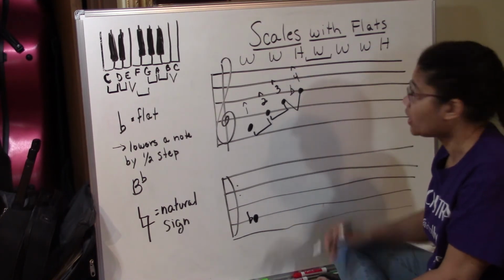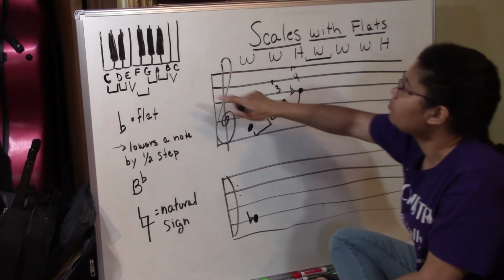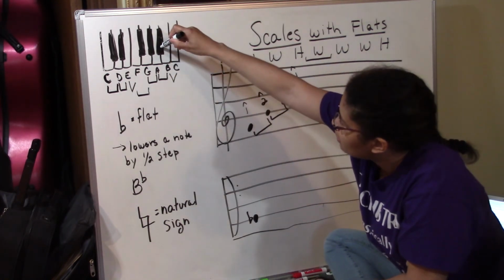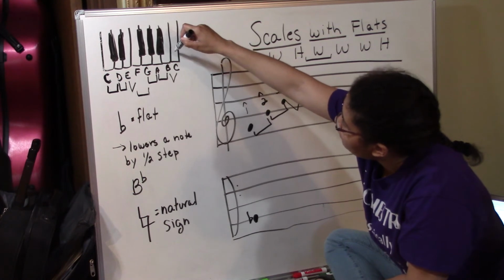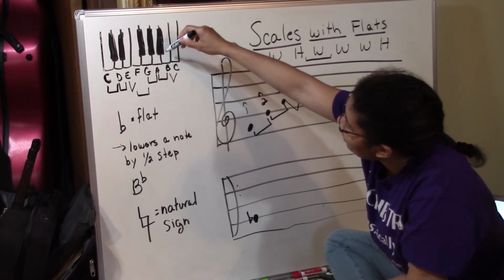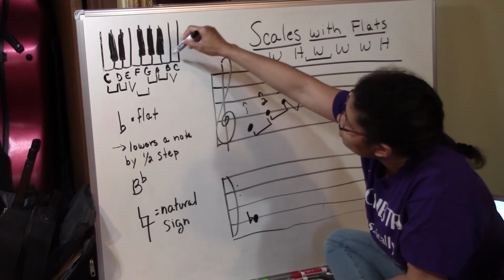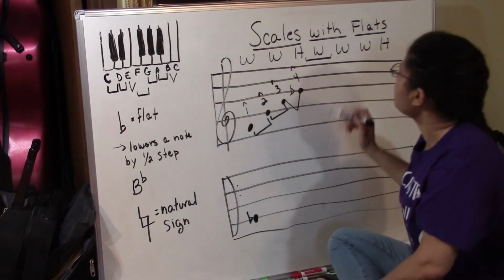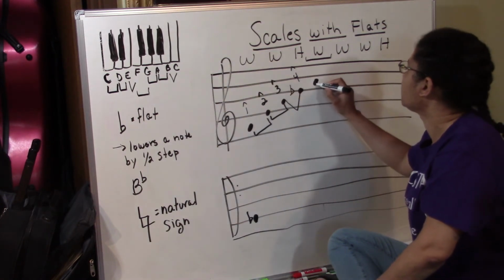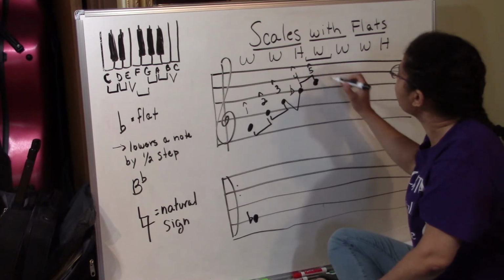Okay? Now I know I need a connecting whole step, so I'm going to go from B flat to the next white key that is 2 1/2 steps away. So B would not work because that's a 1/2 step. So C, B flat to C is my whole step. So there we go. Put that in there. This is scale degree 5.